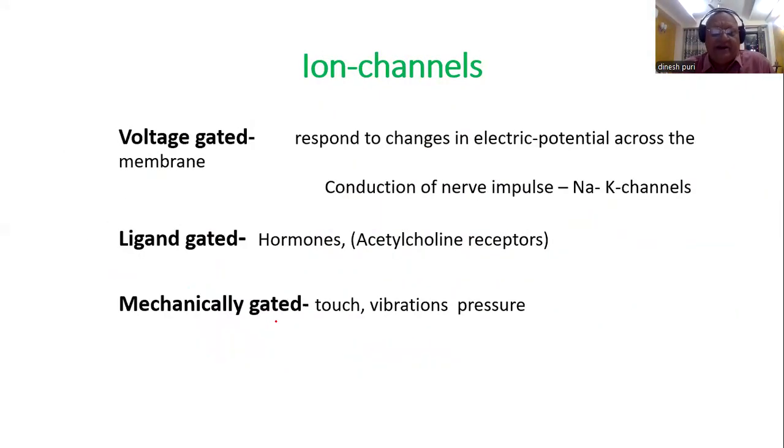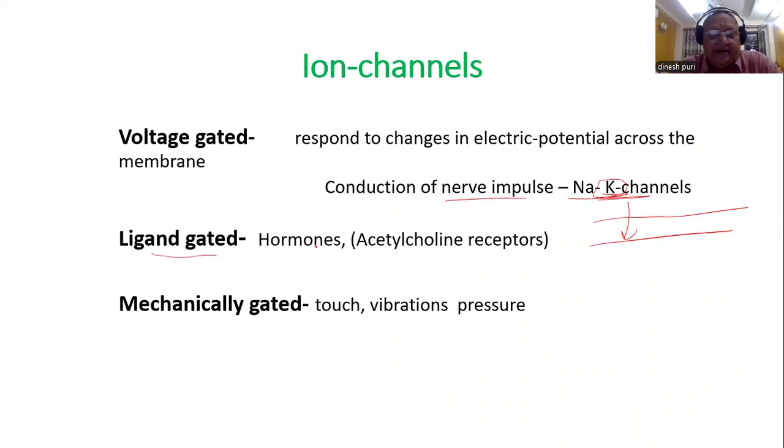Voltage gated channels respond to change in the electric potential. They open or close based on the change in the electric potential. For example, sodium and potassium channels, you know about their role in nerve conduction. When sodium channels open, depolarization occurs. When potassium moves, then repolarization.